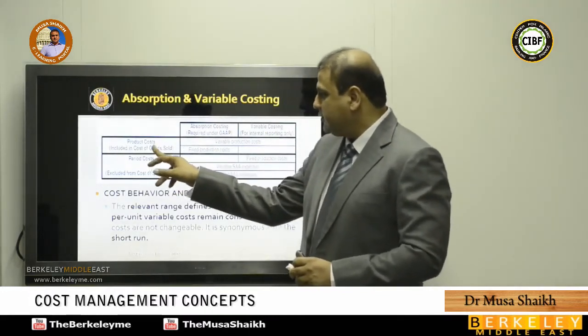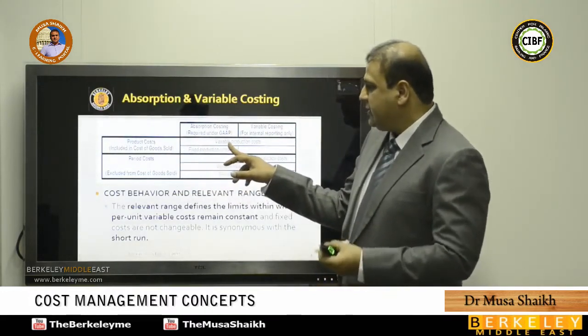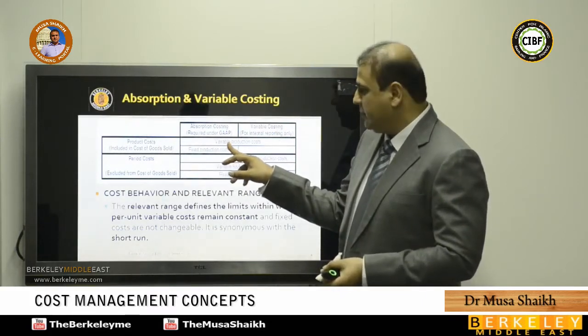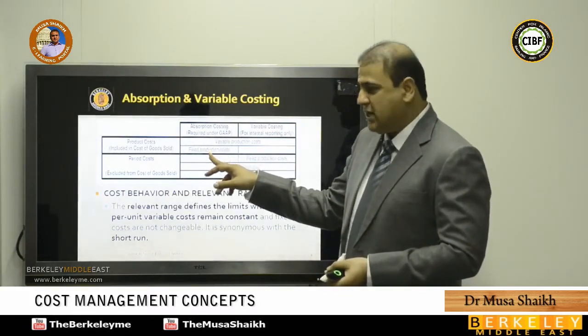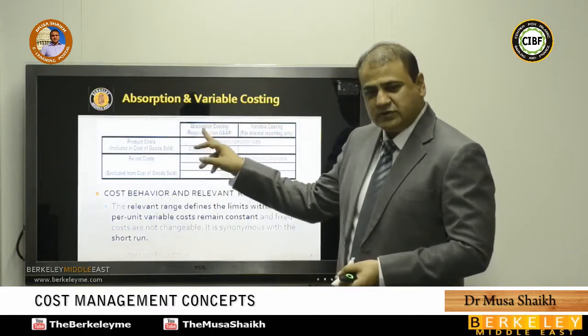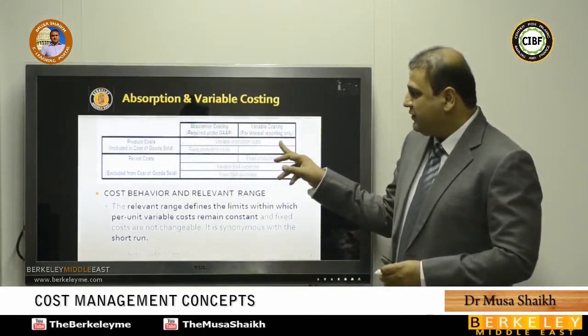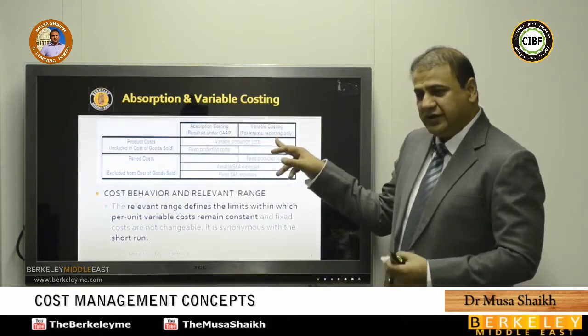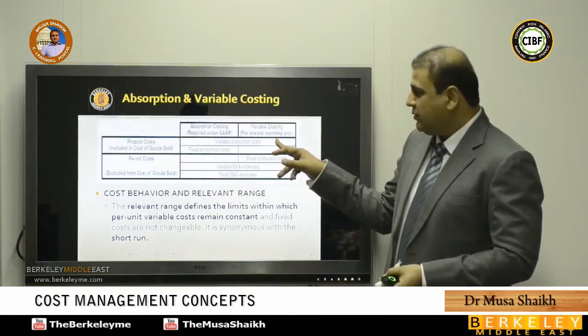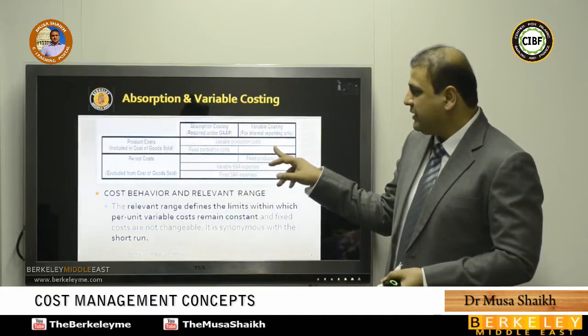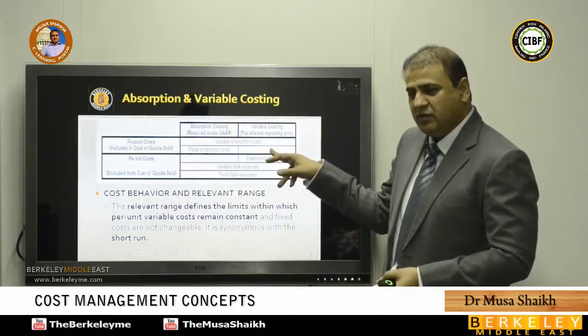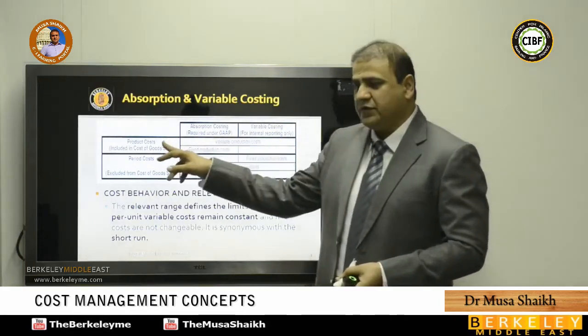Everything in absorption, like DM, DL, variable overhead and fixed overheads, is part of absorption costing. But in variable costing, we have DM, DL, variable overhead, but no fixed overhead is put as a part of product cost.